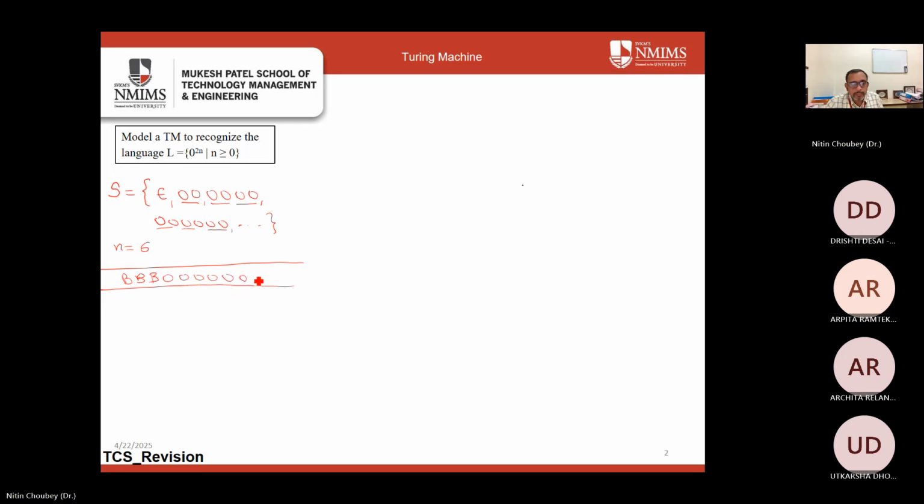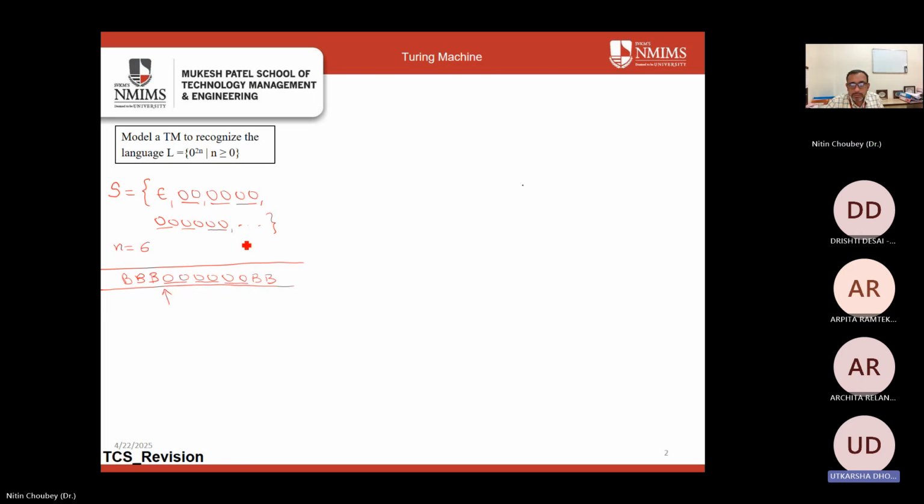Six zeros are available. We begin at this point and move towards the right. Every time we need to ensure that we have an even number of zeros.